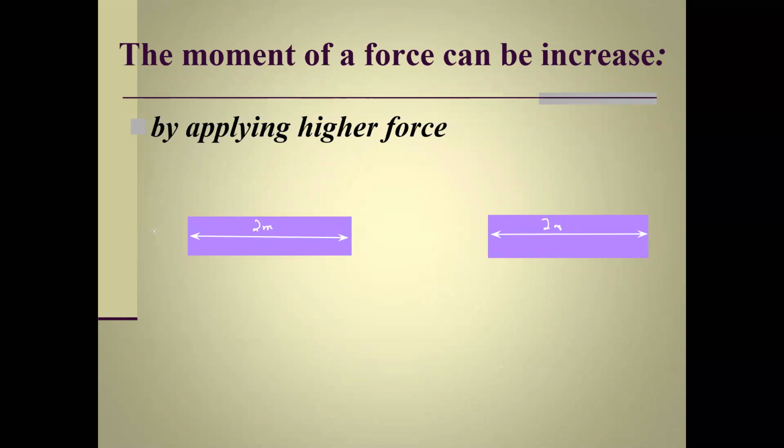An object is fixed from one end. The object can rotate about the point. The point around which the object can rotate, we call that pivot.